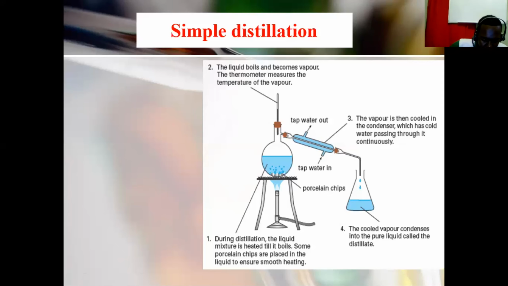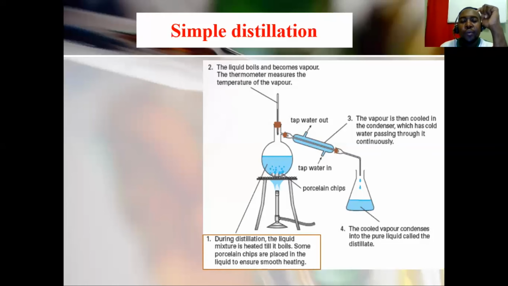But fractional distillation is when the boiling points are close together. Very good. All right, so simple distillation is when the boiling points of your liquids are far apart. So that means one can evaporate more quickly than the other one. So that's where we use simple distillation.